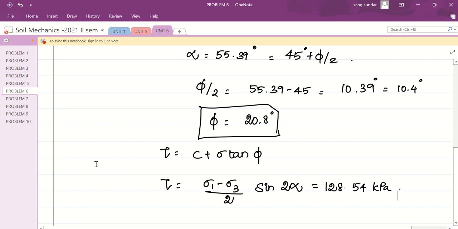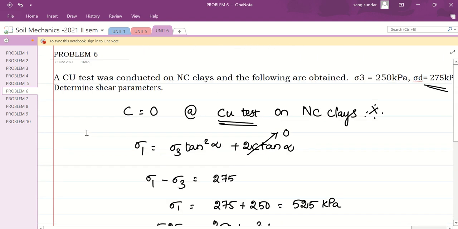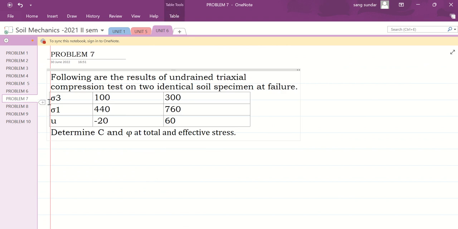Okay, fine. Now we will move on to the next problem. Following are the test results of undrained triaxial compression test on two identical soil specimens at failure. Test 1 results are sigma 3 is 100 kPa and sigma 1 is 440 kPa, I'm sorry, and u is minus 20 kPa.